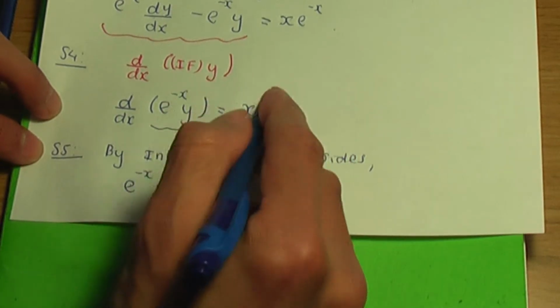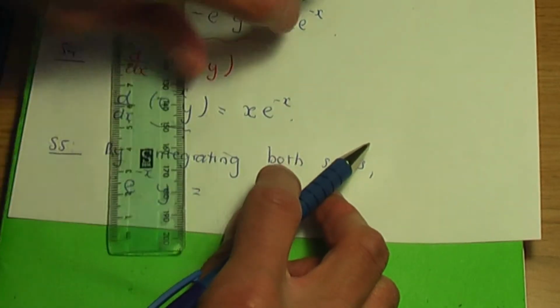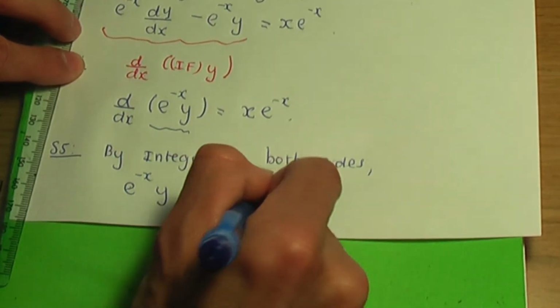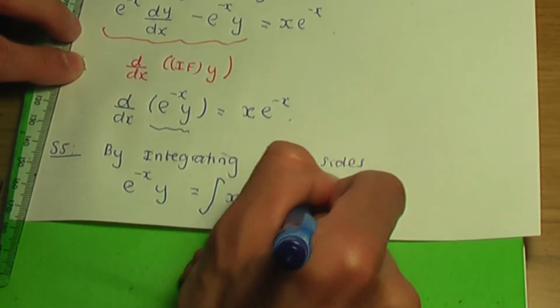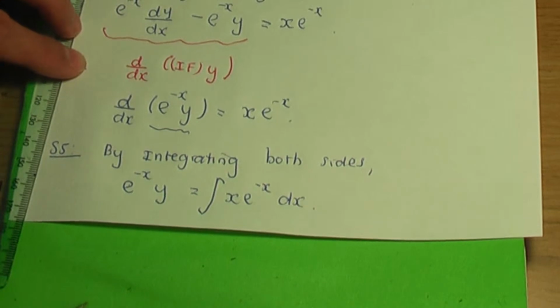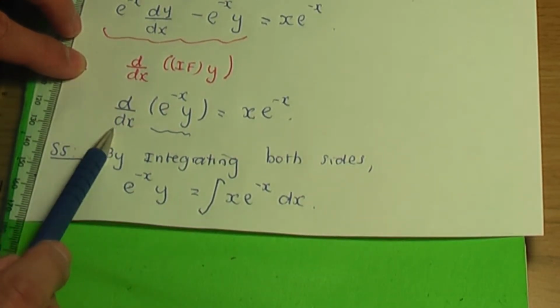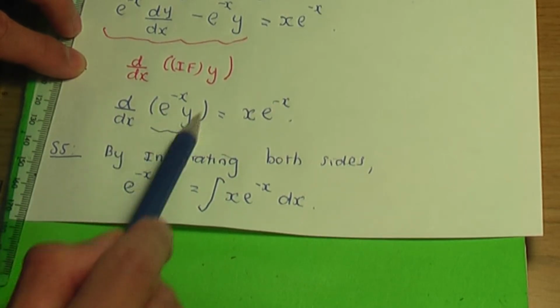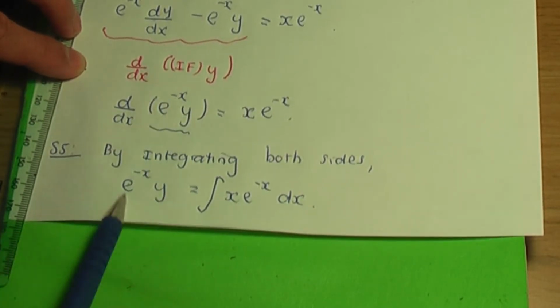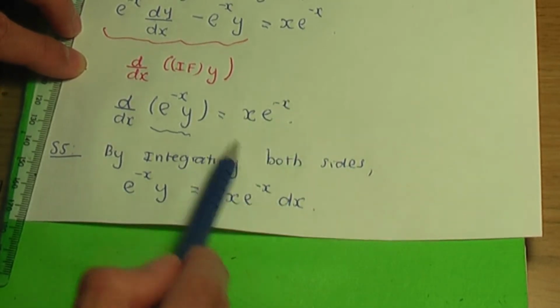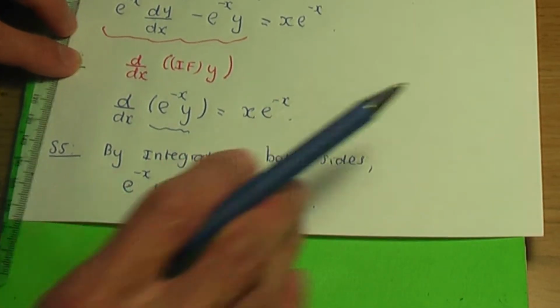However, we need to integrate the right-hand term also. So we need to integrate x e to the minus x with respect to x. Just as a recap, whenever you integrate something that you differentiate, you always end up with the term here, which is e to the minus x times y. However, you need to integrate that right-hand term.